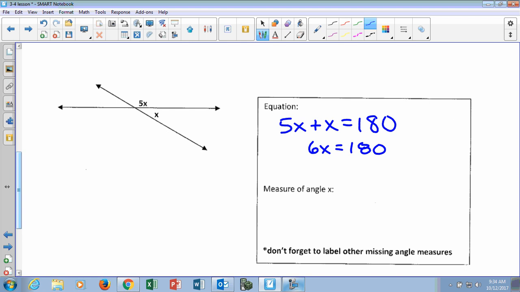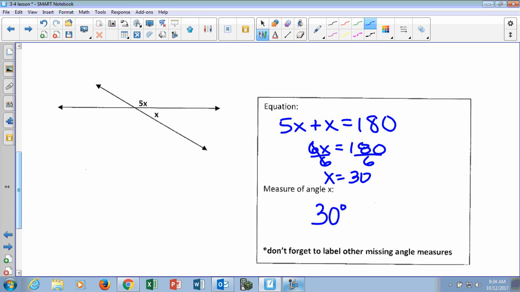So to undo multiplication, we have to do its opposite. And the opposite of multiplication is, everybody, division. So when I divide by 6, what's 6 divided by 6? Any number divided by itself is 1. So we just write x here. And what's 180 divided by 6? 30. So the measure of that angle, x, is 30 degrees.